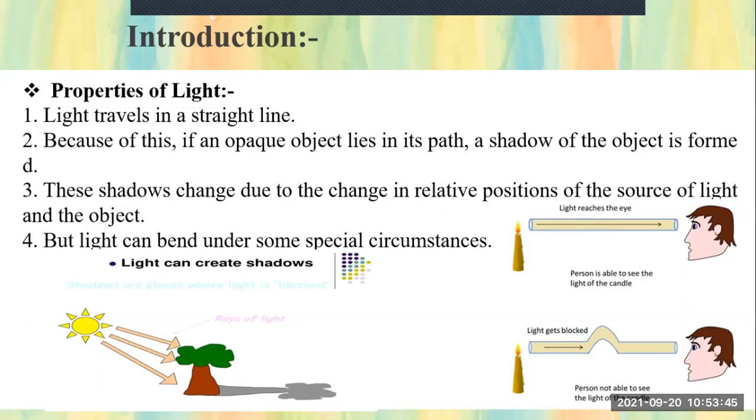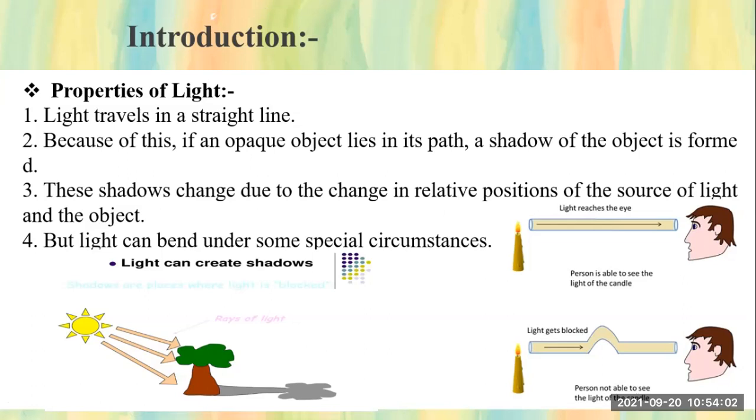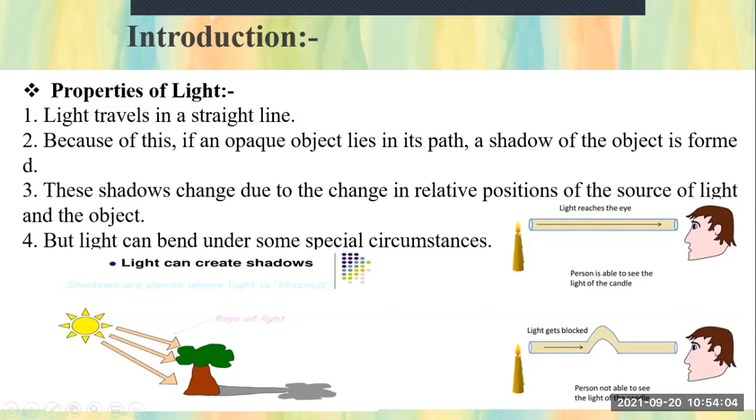Now students, I'm going to explain the second property of light. What is the second property of light, students? Because light is traveling in a straight line, if an object lies in its path, a shadow of the object is formed.